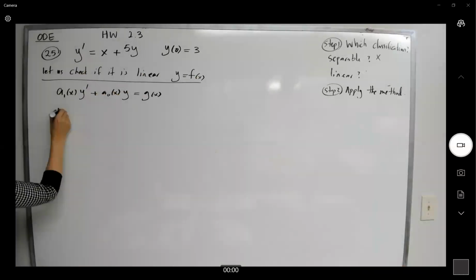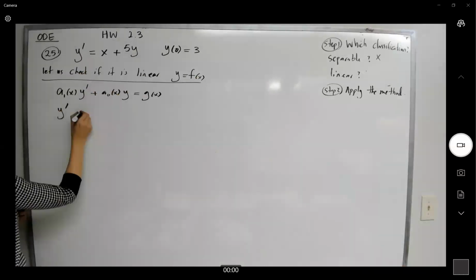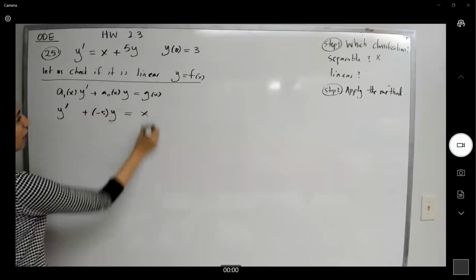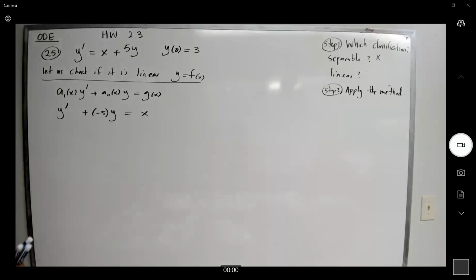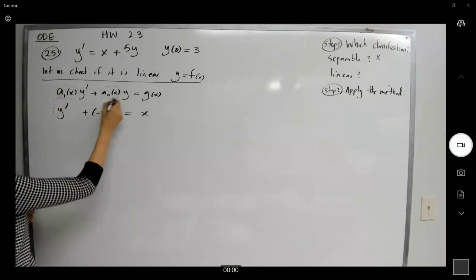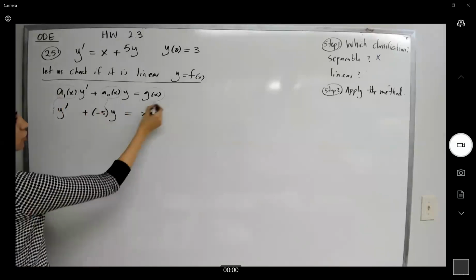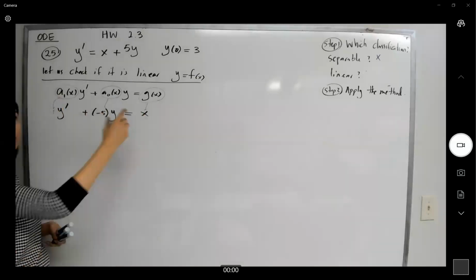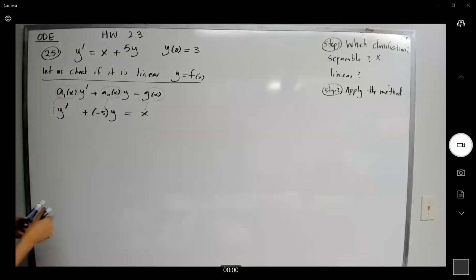So you have y prime, subtract 5y, plus negative 5y equal to x. The coefficient of y prime is 1, an invisible 1, and the coefficient of y is negative 5, and the function on the right-hand side is in x. So it satisfies the definition of a first order linear differential equation, and since x is not 0, it means that it is non-homogeneous.